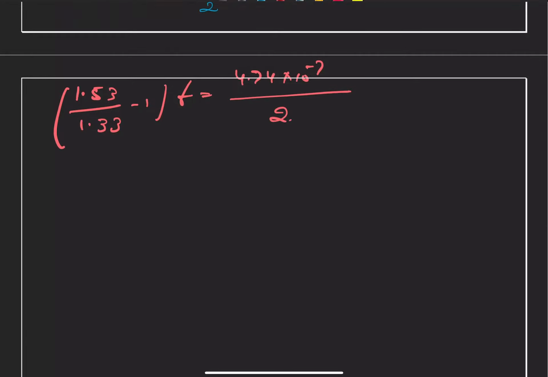And if you solve it, we are going to get T equal to 1.58 micrometer. So this is the thickness of the sheet that was asked for.